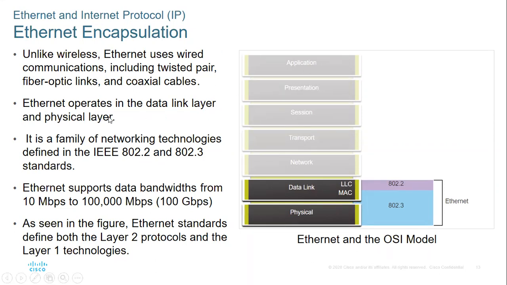Okay, so this Ethernet works at 2 layers, the physical layer and the data link layer. And by the way, this is the OSI model, the model which makes it easy for us to operate and learn networking, okay? All right, so this is Ethernet.